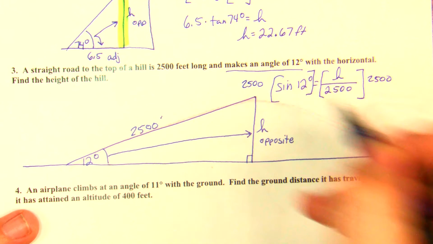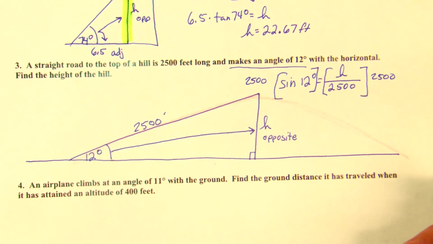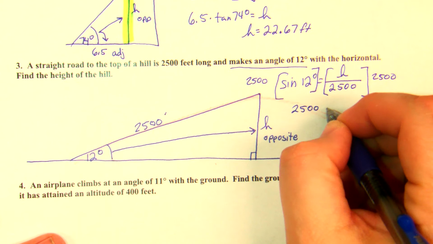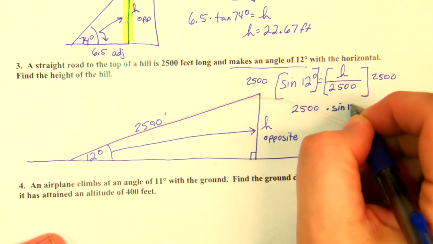Multiply both sides by 2,500. So we get 2,500 times the sine of 12 degrees is equal to h.